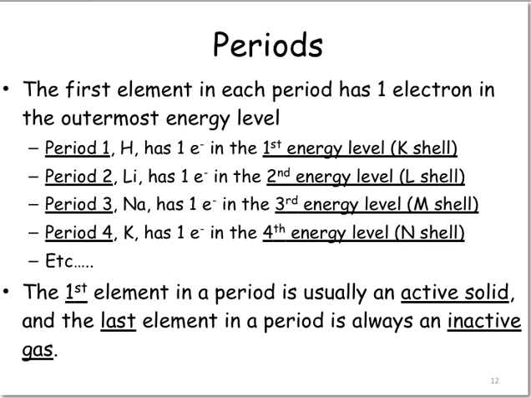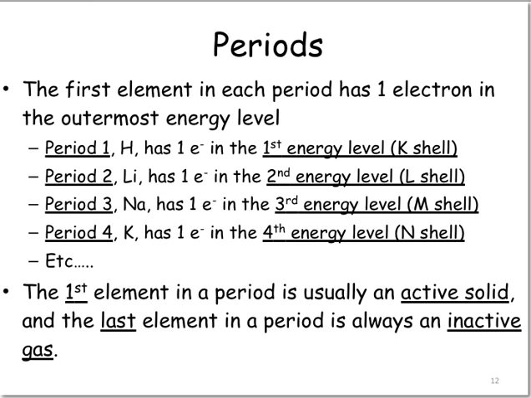Period 2 we're looking at lithium, has 1 electron in the second energy level or the L shell. And period 3 has 1 electron in the third energy level or the M shell. And period 4, potassium, has 1 electron in the fourth energy level or the N shell. So that keeps going on.